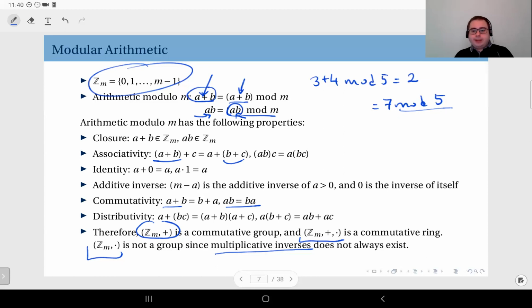Depending on the value of m, multiplicative inverses might exist or not. Or they might exist for some elements and not for others. Therefore, in the general sense, this structure is not a group.